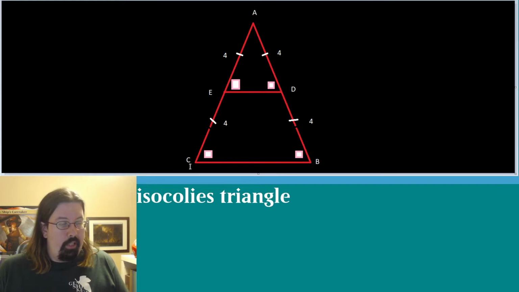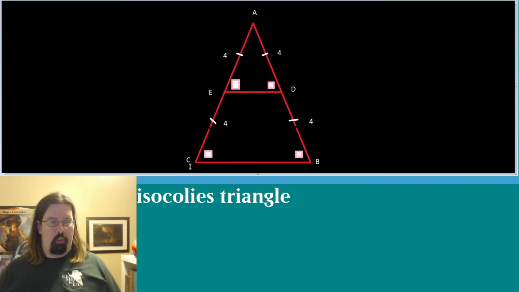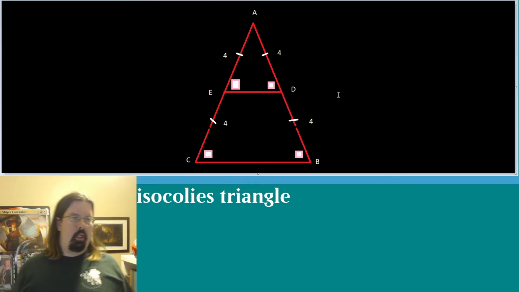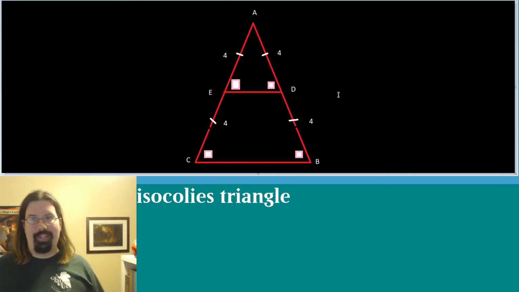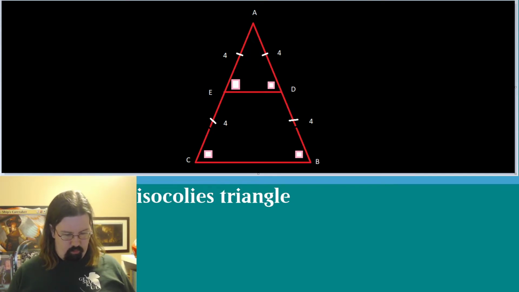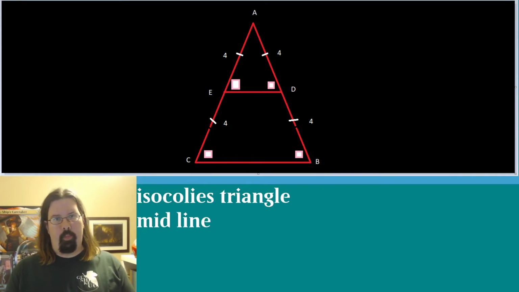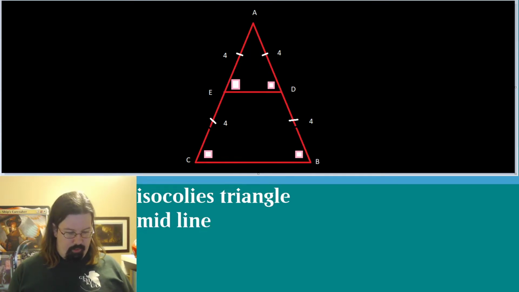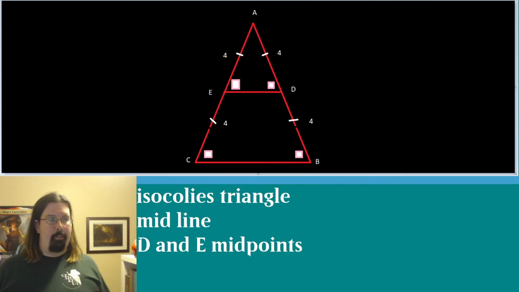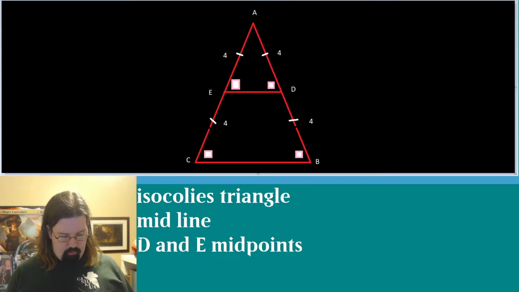So if that's the case, then our little line right here gains some special properties. It's now a midline. That makes D and E midpoints of their respective lines. And it means that ED and CB are proportional.